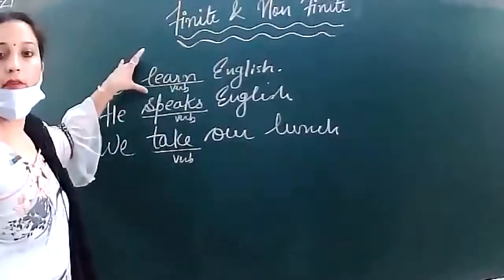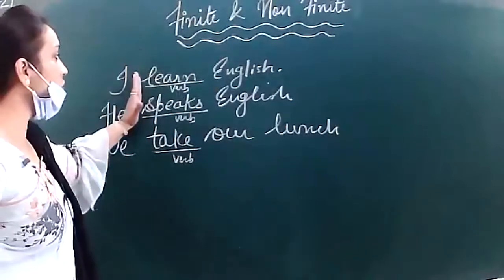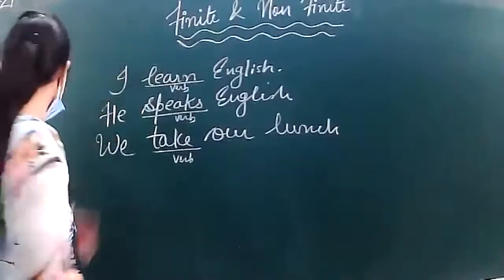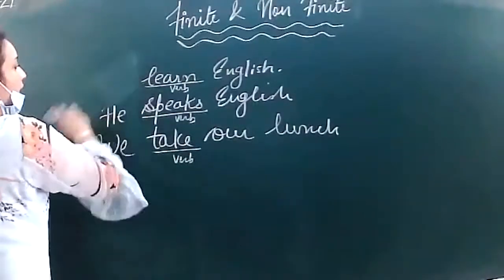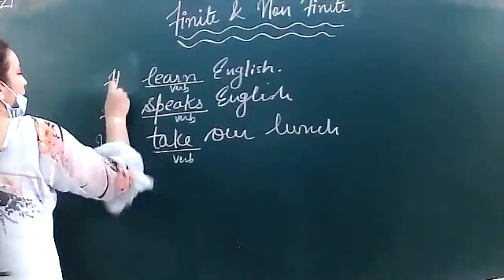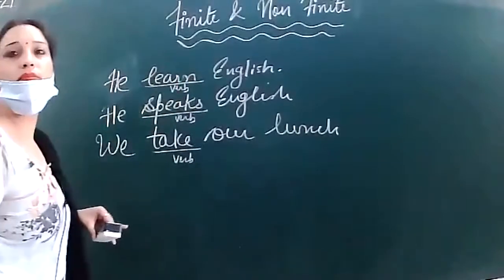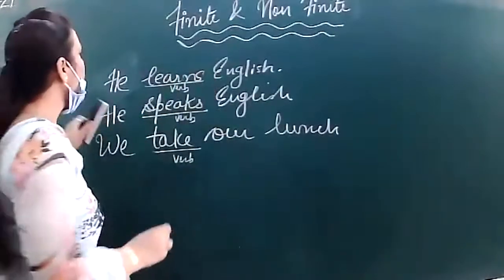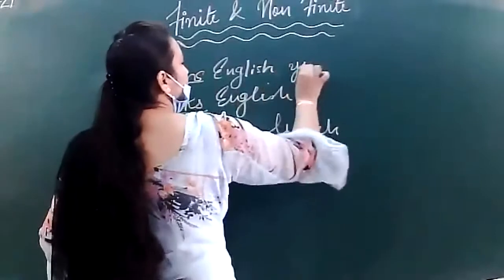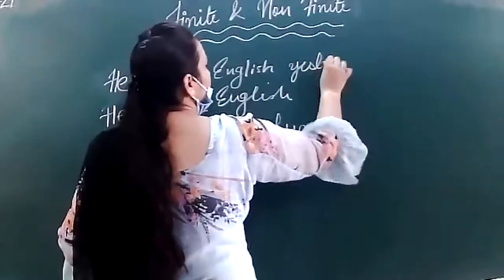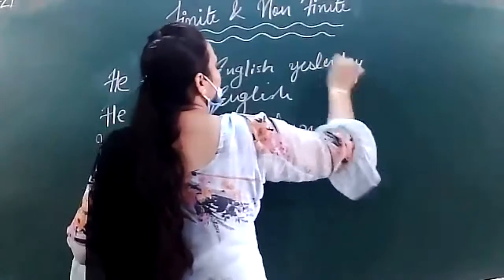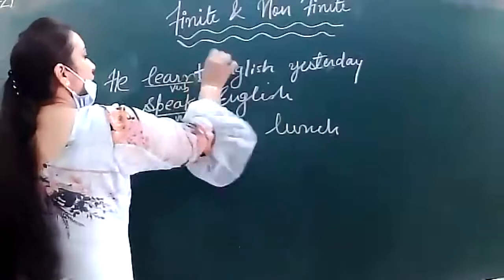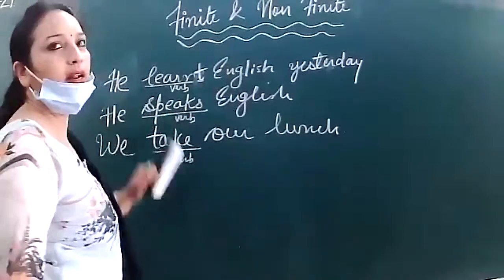See, finite verbs are those verbs which change according to person. Suppose in place of I, I write he. Do I have to change this verb or not? What will I write? Learns. If I write yesterday here, then I have to change it: he learned English, she learned English.